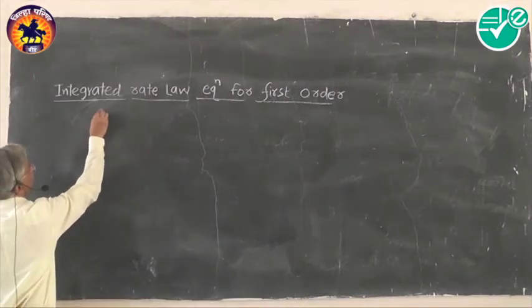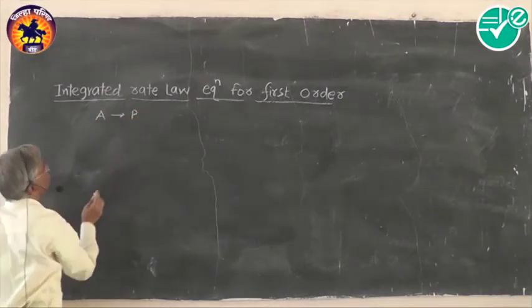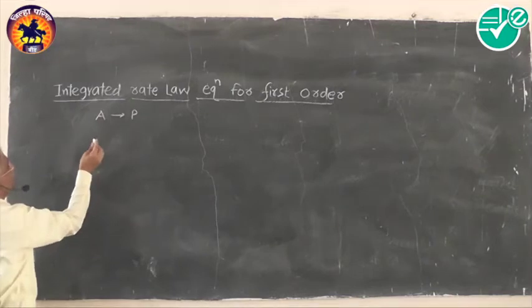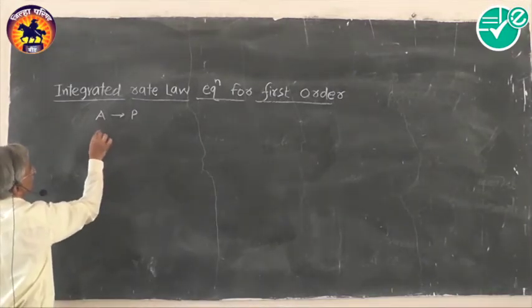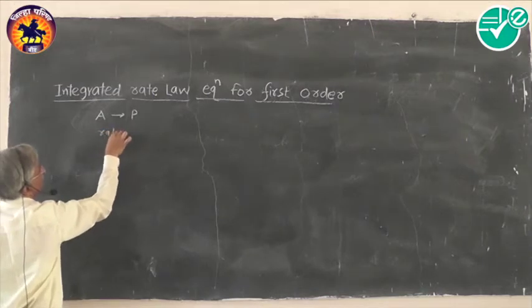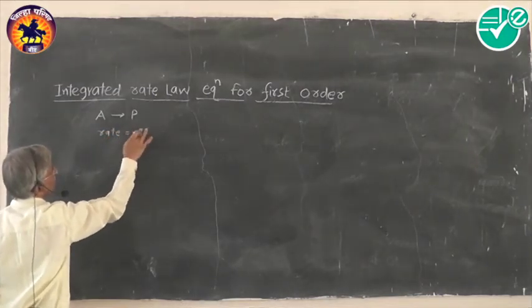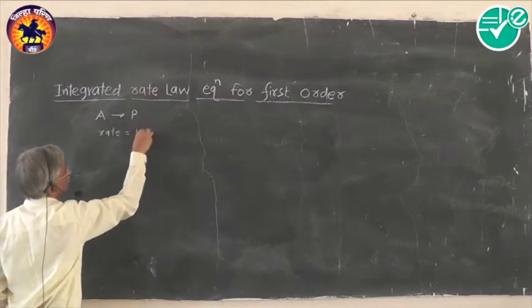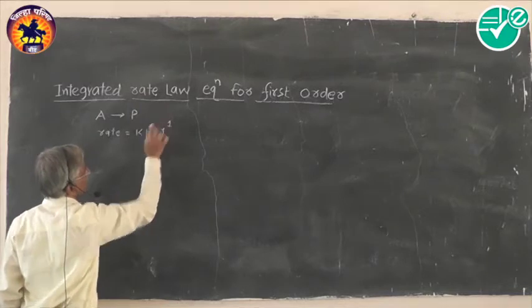Let us consider A as a reactant giving a product. The differential form of the equation can be written as, I will first write, rate will be equal to K concentration of A raised to 1.